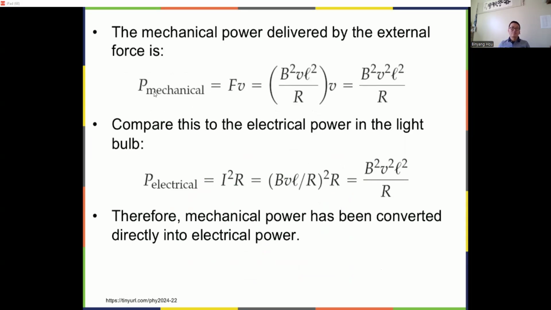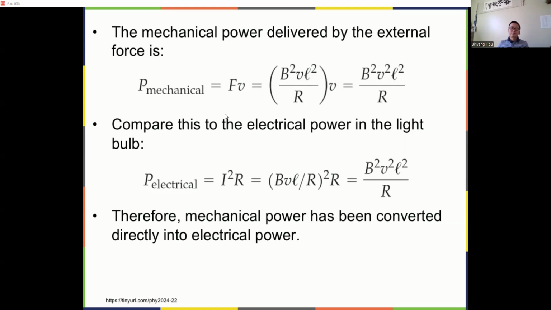The mechanical power that you apply should be equal to the force times the speed, which we learned in physics 1. So the force is B squared V L squared over R from the previous slide, times V here. So you would have B squared V squared L squared over R together.